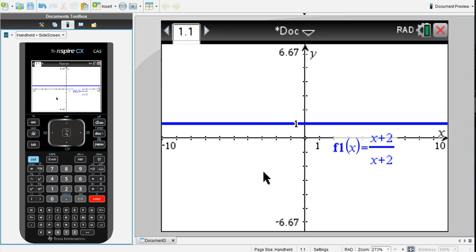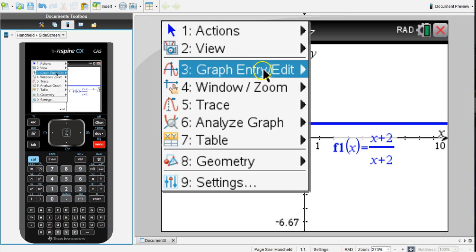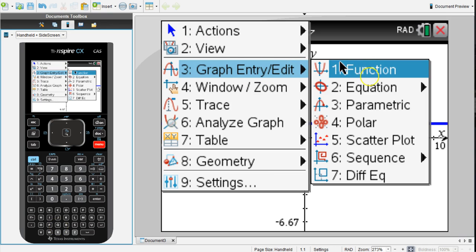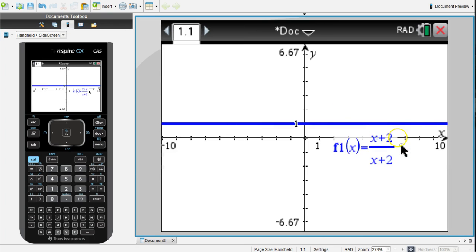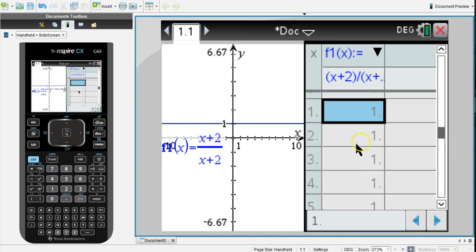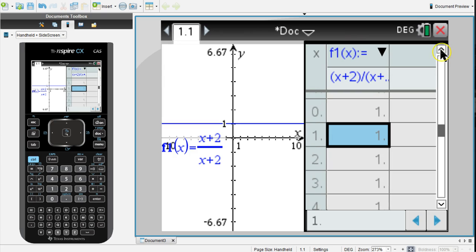One way to see it would be to look at the table. If I can remember how to look at the table. How about I click the button table? Look, what do we say? Anywhere x is equal to anything, I'm getting a 1, I'm getting a 1, I'm getting a 1. But what happens when we go up? Right there, at negative 2, this graph is undefined. Why?